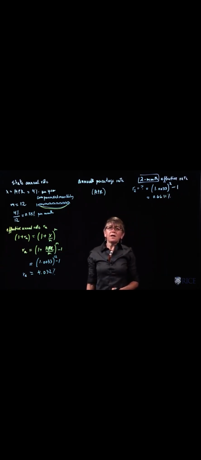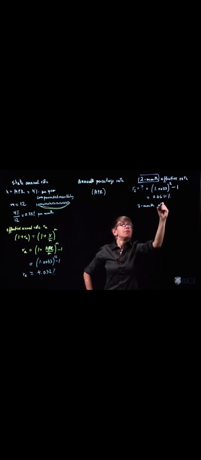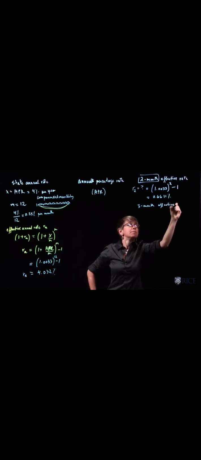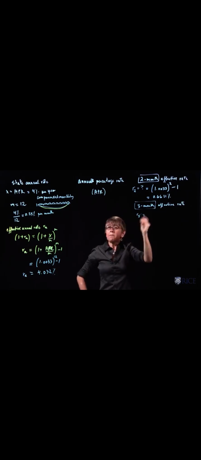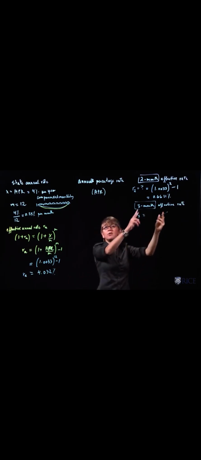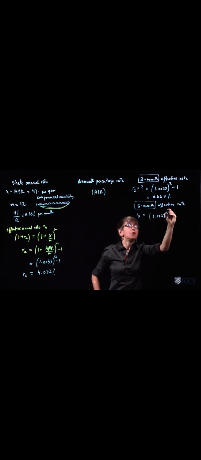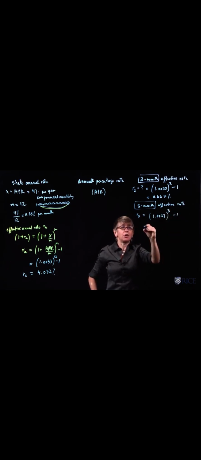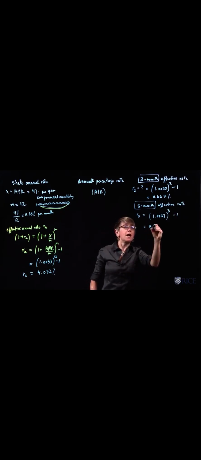What if we wanted to find the effective 3-month rate? Same thing. I'm going to take the per period rate, 1.033 to the third minus 1, and that's going to give us 0.9933%.